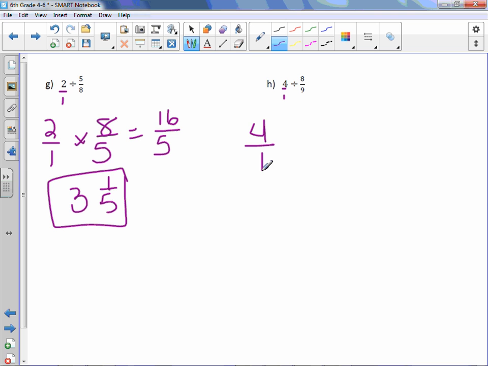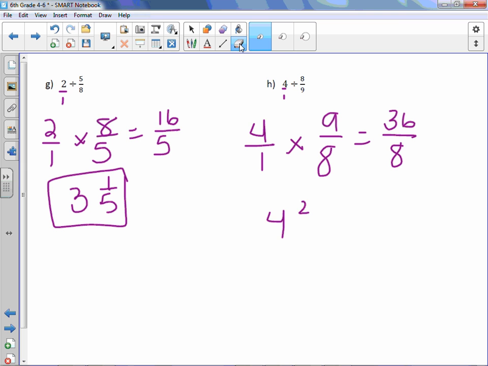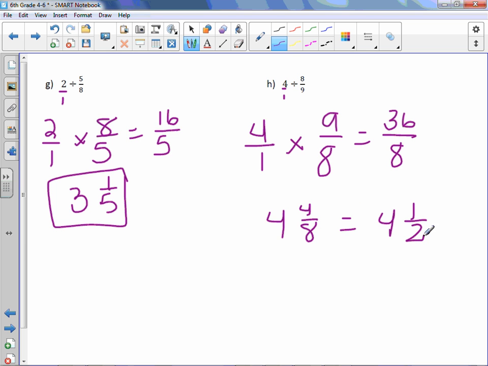I will not divide. I will multiply by the reciprocal. We get 36 over 8. 36/8 is the same as 4 4/8, which reduces to 4 1/2.